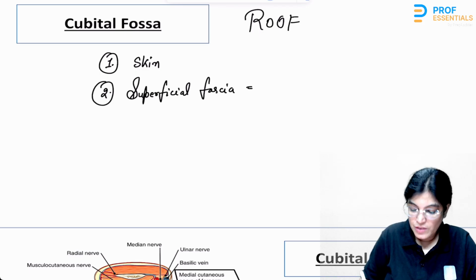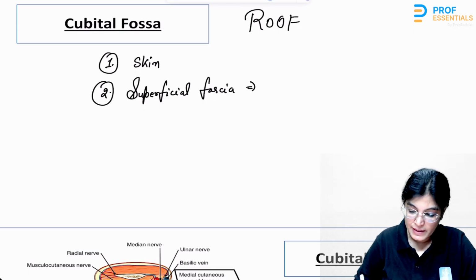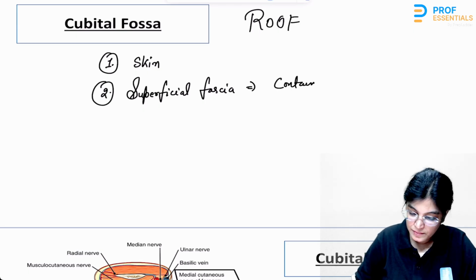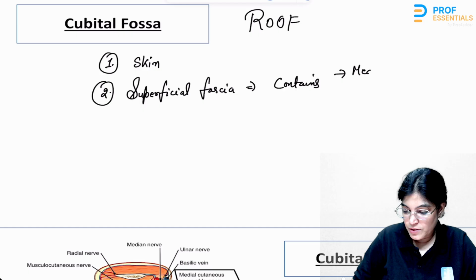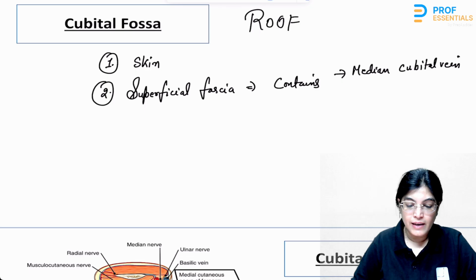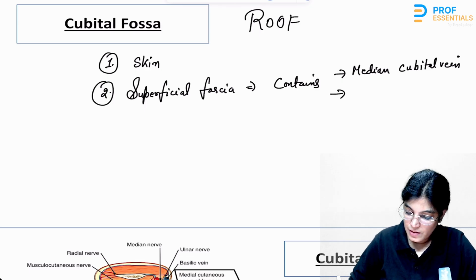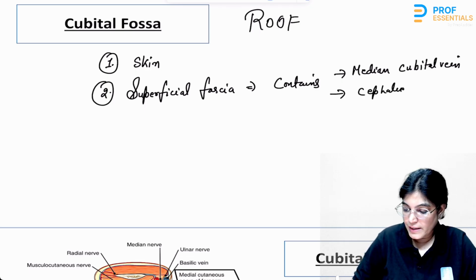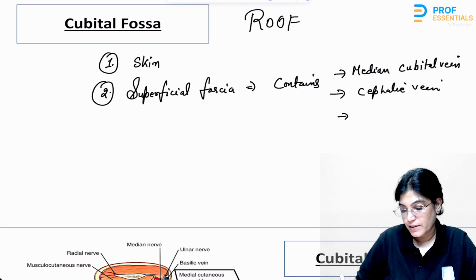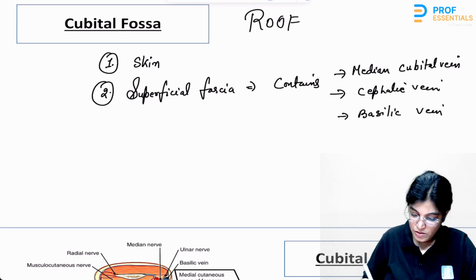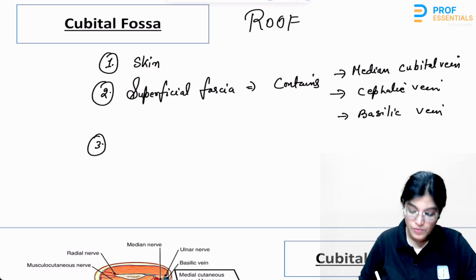The superficial fascia of the roof contains the median cubital vein, which is connecting the basilic vein and the cephalic vein. The cephalic vein lies laterally, and we have the basilic vein medially. Also, we will have the medial and lateral cutaneous nerve of forearm.